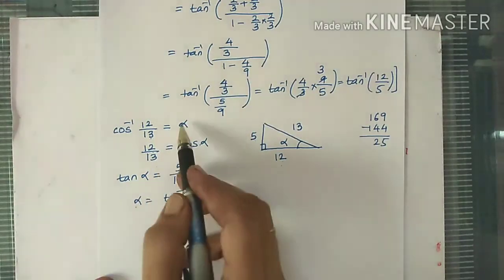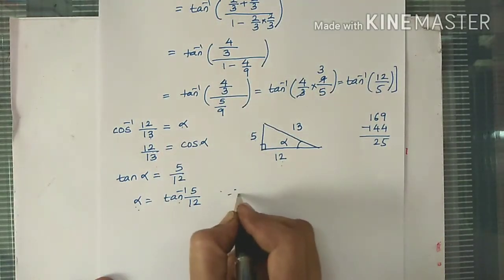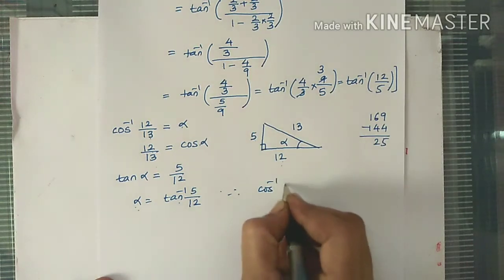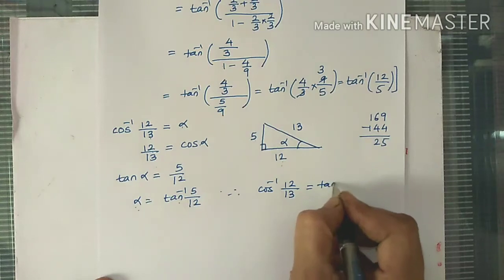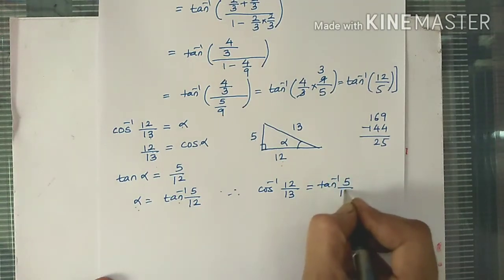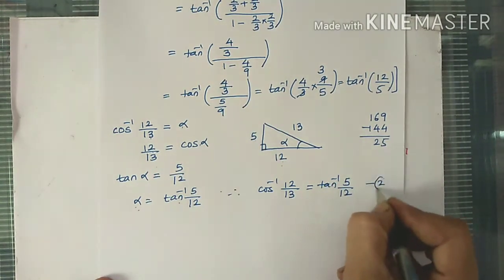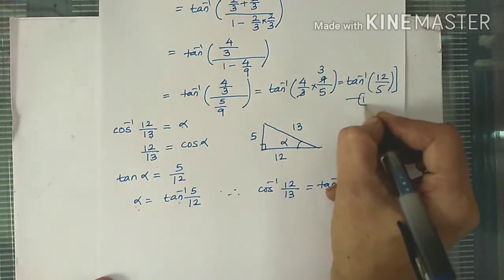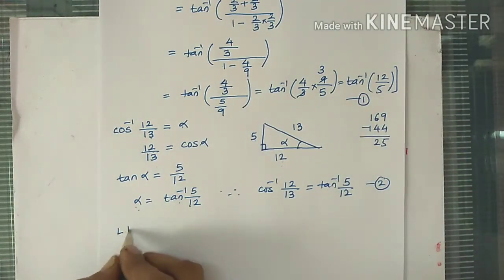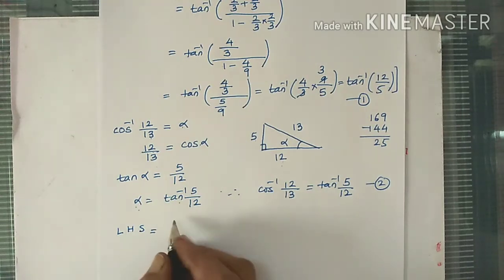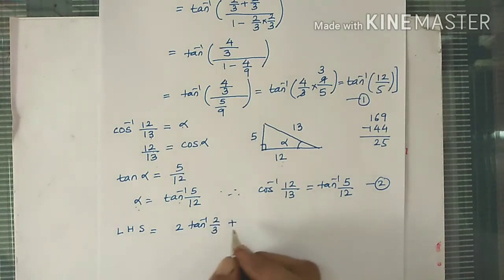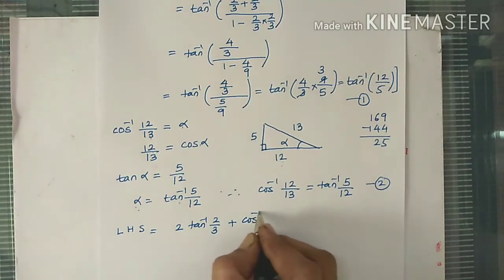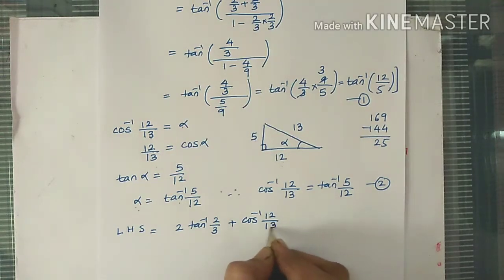See, here both the terms are alpha. Therefore, we have cos inverse of 12 by 13 equal to tan inverse of 5 by 12. Let this be equation number 2 and let the earlier one be equation number 1. So our left hand side is 2 tan inverse of 2 by 3, plus cos inverse of 12 by 13.